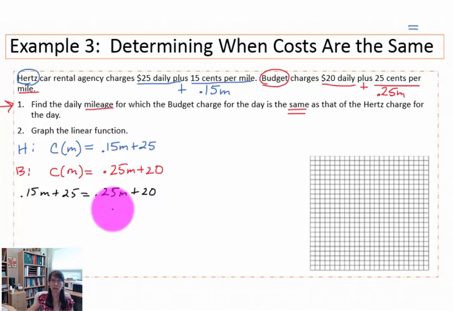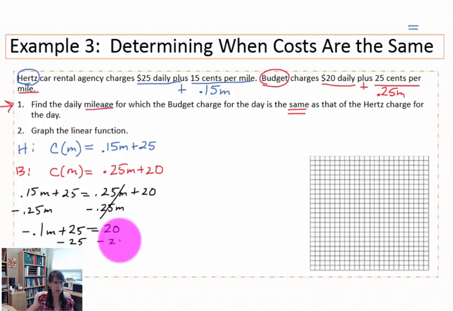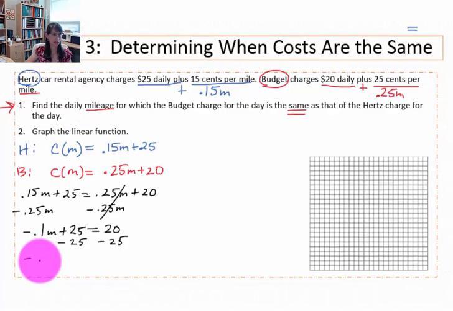So I need to collect my variables on one side of the equation and collect the constant terms on the opposite side. So using our properties of equality, I'll take away 0.25 M from each side. That will leave me negative 0.1 M plus 25 equals 20. Subtracting 25 from each side, I'll have negative 0.1 M equals negative 5.